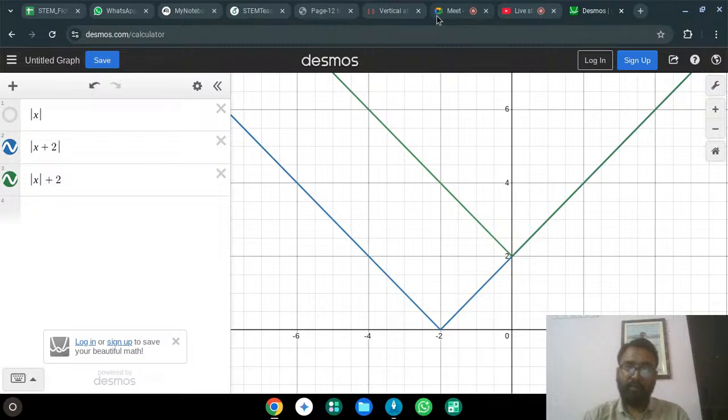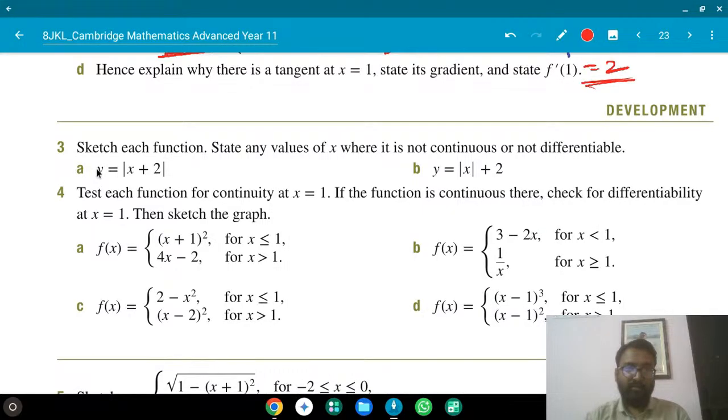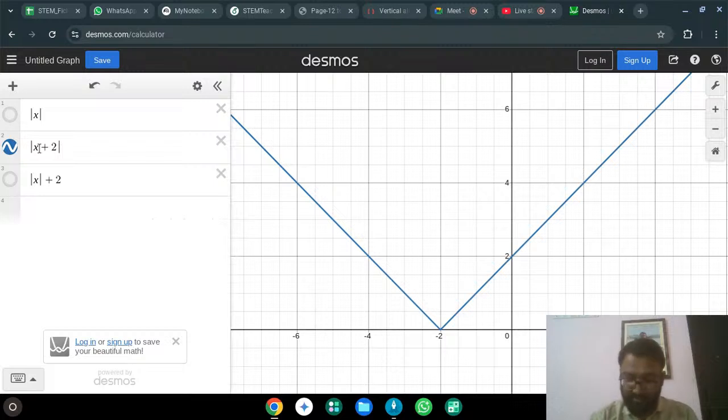So what is our question? Our question is this: sketch each function, state where it is not continuous and not differentiable. Let's check the first one. Mod x plus 2, is it continuous? Yes, the student gave the answer. It is continuous.